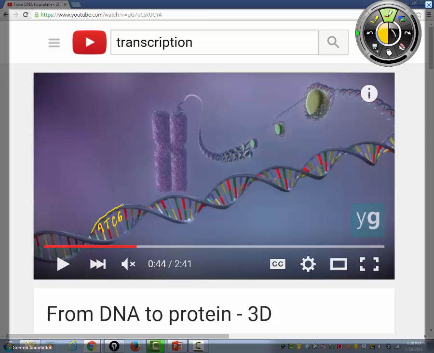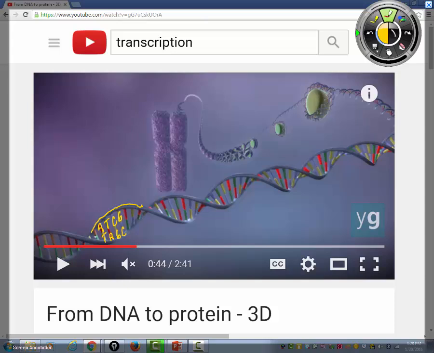It's making up this part of the ladder. What's the corresponding base pairs for the other side of the ladder? A always matches with T, T always matches with A, C always matches with G, and G always matches with C. And so it's going to form this rung of the ladder.